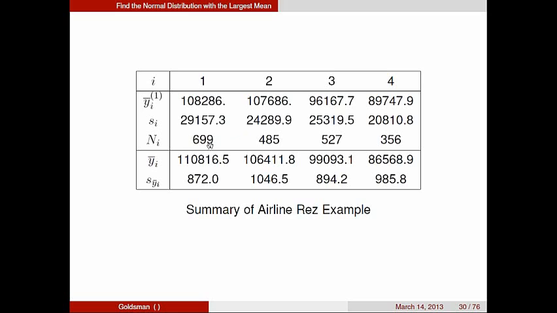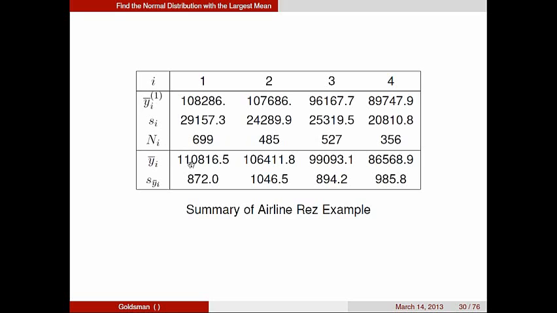When I plug into my handy-dandy formula for N, it says to take 699 more observations, and that's because S is so big. For system 4, S is not very big, so it only tells me to take 356 additional simulation runs. By the time I do that, I've taken 699 more.